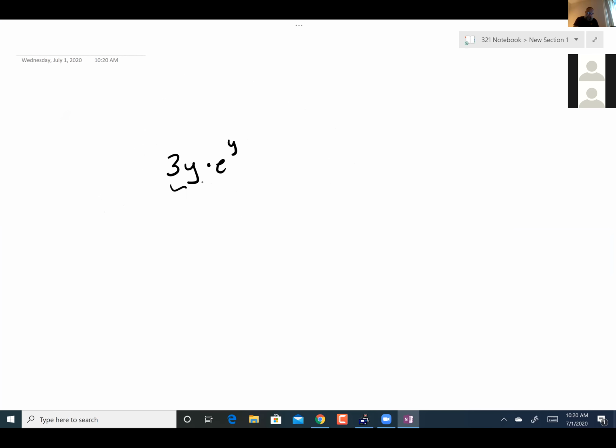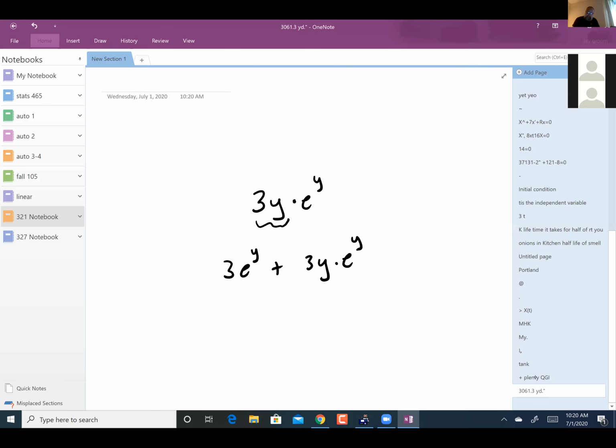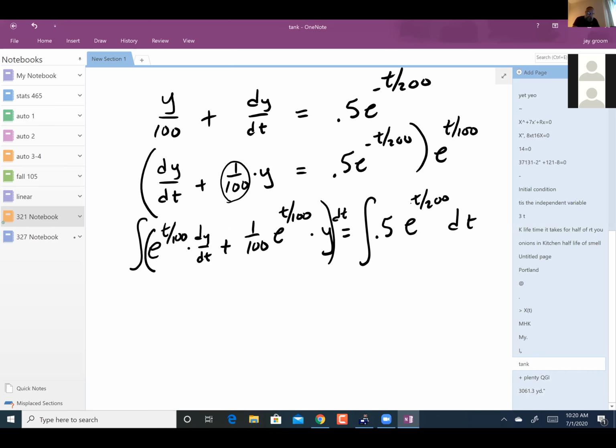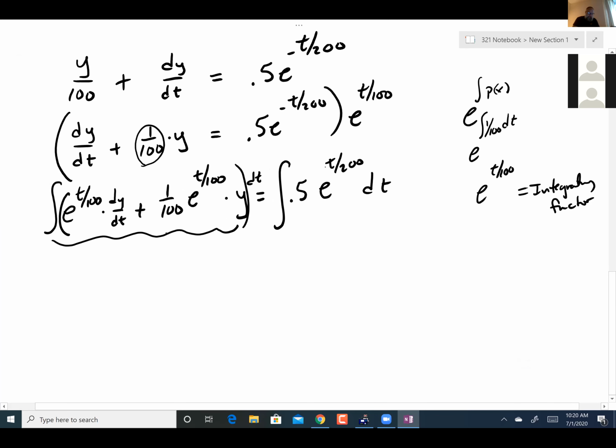You take the derivative of the first times the second plus the first times the derivative of the second. So that's in essence what we've done. By multiplying by the integrating factor, what we've guaranteed ourselves is that this thing right here is, by definition, this guy when you integrate it.